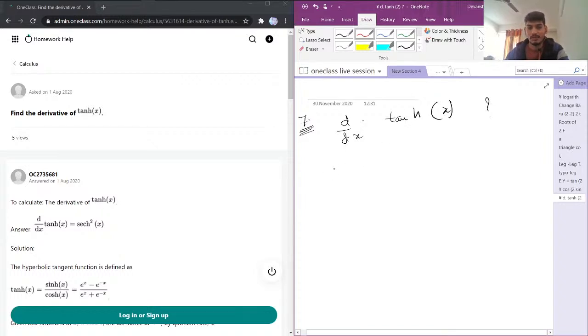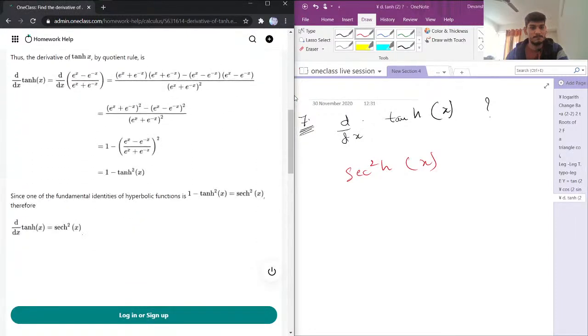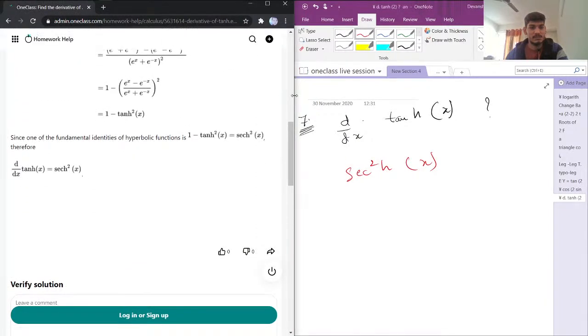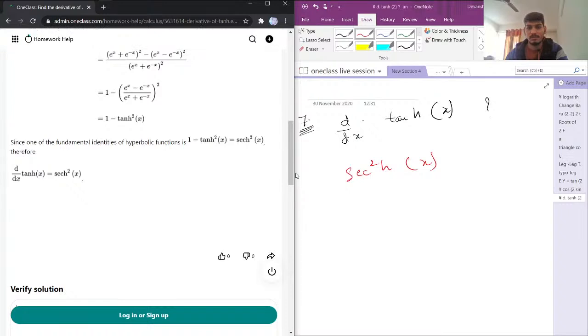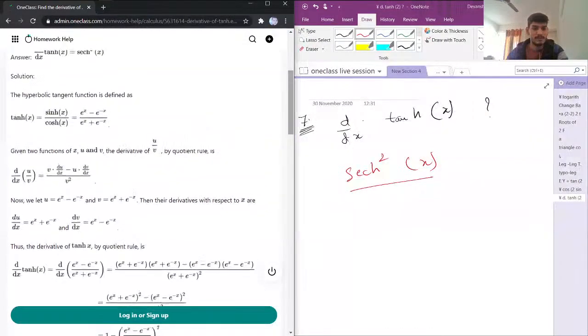So in short, I can say that it will be secant square hyperbolic of x. Oh sorry, I should write this square hyperbolic x, but I'll just go with this solution to explain you further.